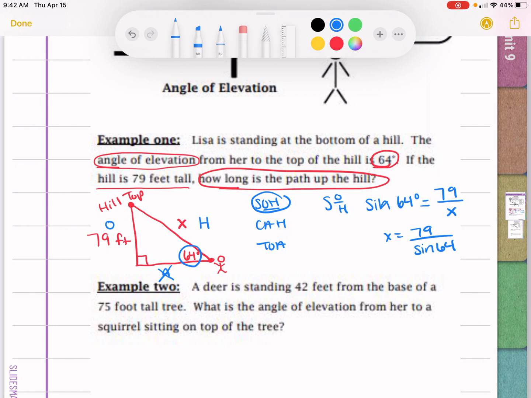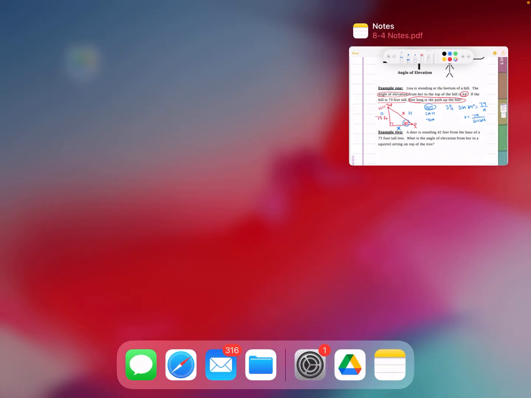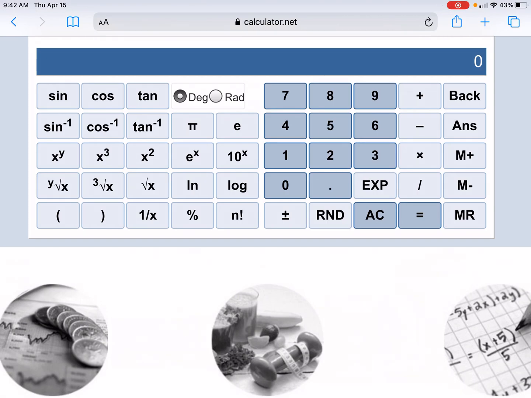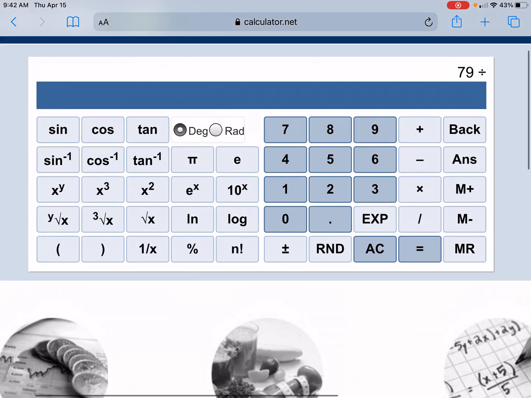And then you can do this on calculator.net to get our answer. So I'm going to go to calculator.net and plug in 79 over sine 64. So here it comes out to about 87.9 if I'm rounding to the nearest tenth.